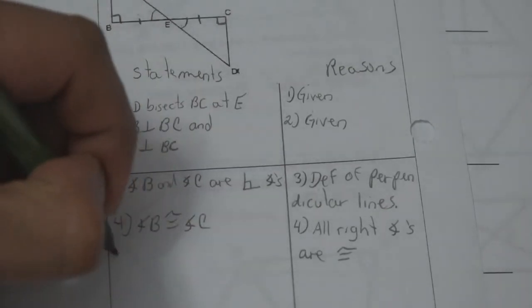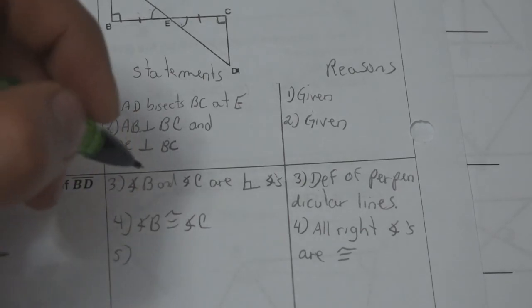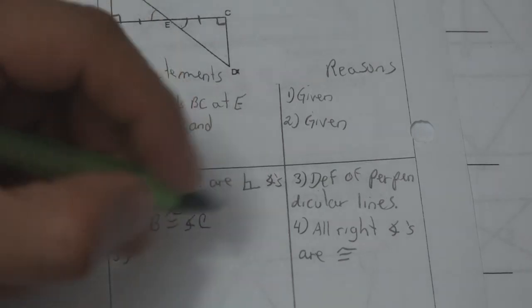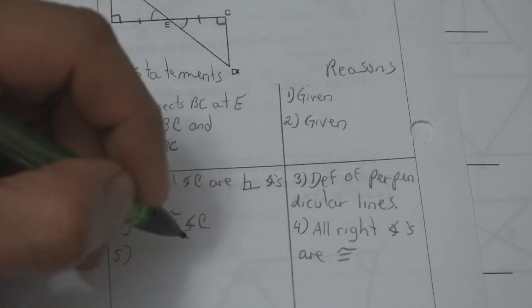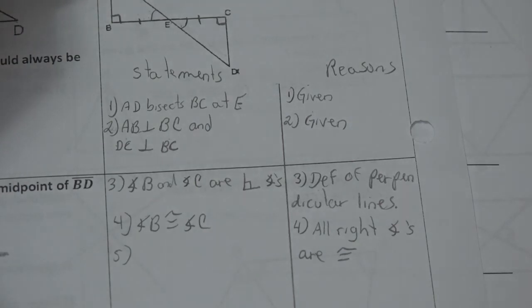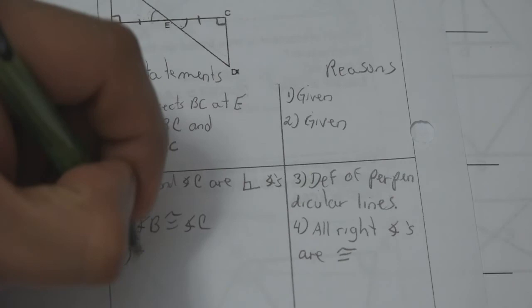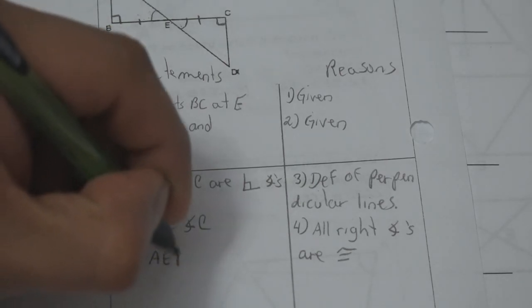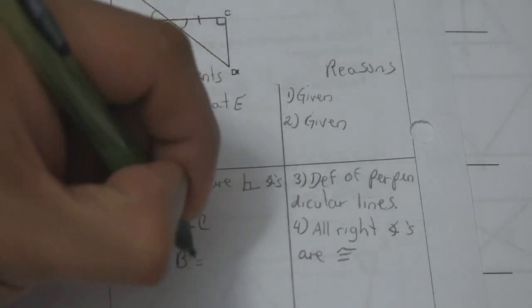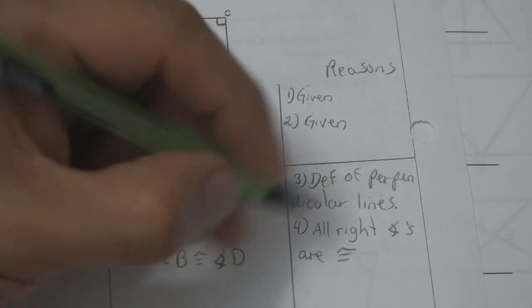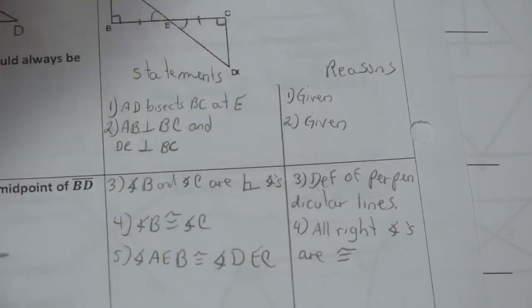Okay, so now my fifth statement. And now I'm going to go over to the vertical angles. So I am going to say that angle AEB, in other words, this angle right here, is congruent to angle DEC.